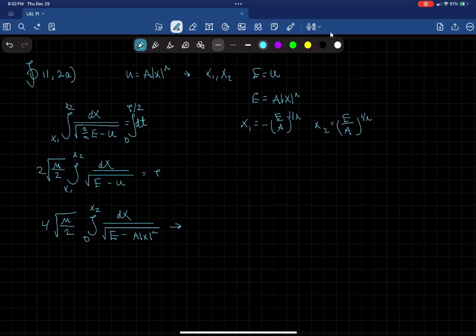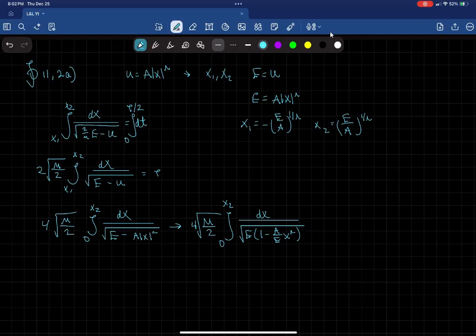I can simplify even more to get 4 square root of m over 2, integral from 0 to x2 of dx over, factoring out my E, E times 1 minus A over E x to the n, all inside a square root.